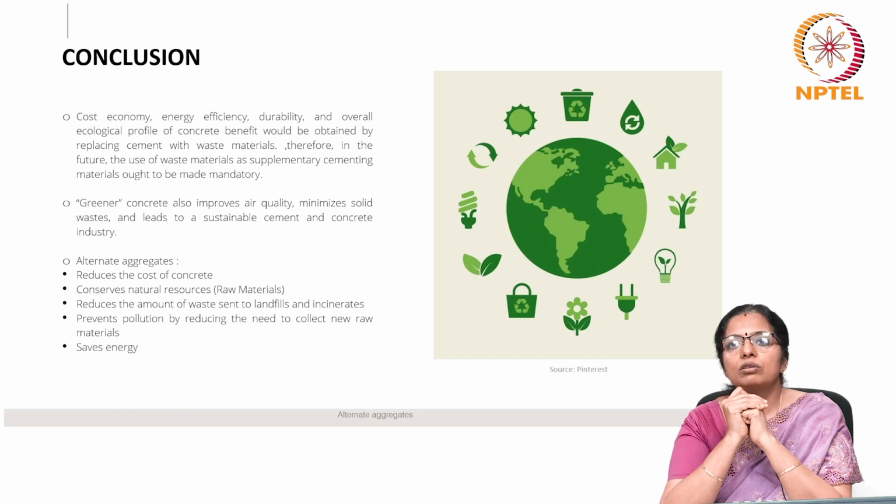Greener concrete also improves air quality, minimizes solid waste and leads to a sustainable cement and concrete industry. Alternate aggregates reduce the cost of concrete, conserve natural resources such as raw materials, reduce the amount of waste sent to landfills and incinerators, prevent pollution by reducing the need to collect new raw materials, and also save energy.